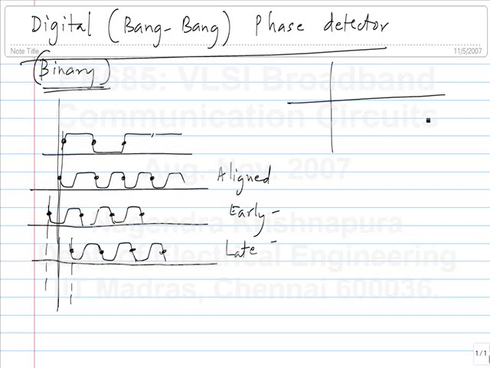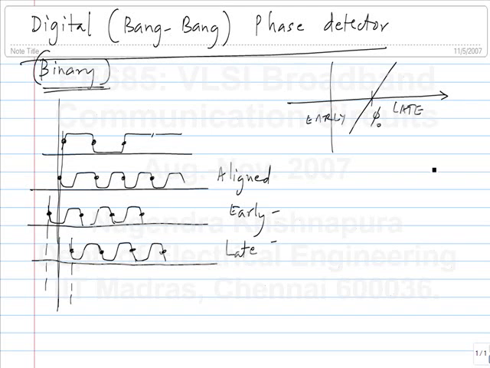So the characteristics of a linear phase detector look like this. Let's say this is the ideal point, whatever it is. In the case of a Hogge phase detector, that is, the rising edge is in the middle, whatever this is, pi naught. This is late and this is early.